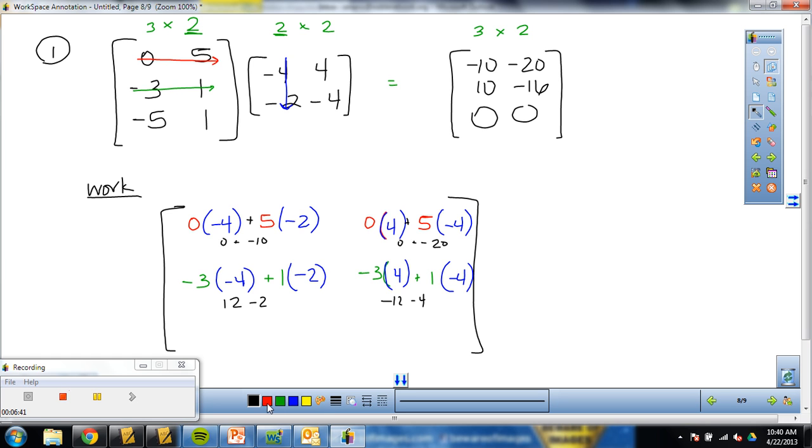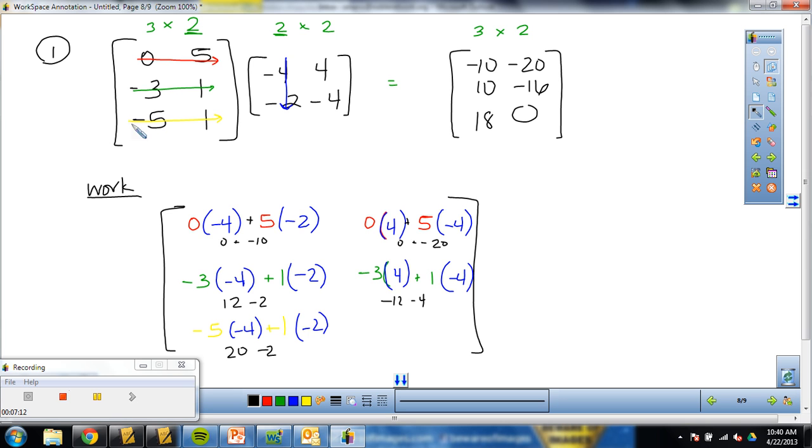And then the last row, we go across, I have negative 5. I'm in the first column, so I do negative 5 times negative 4 plus 1 times, I move down the column, negative 2. So we have 20 minus 2, which is going to replace the third row, first column.